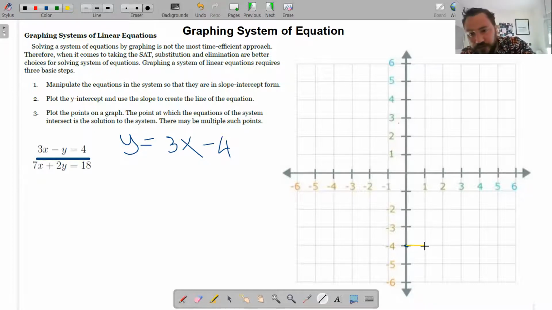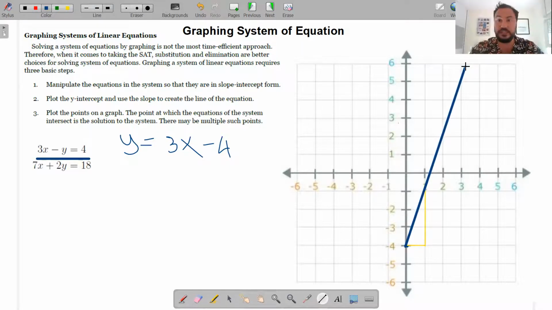And then since it's 3, I need to go 3 steps up. So now I have this point, I can draw my line like this, for this equation underlined in blue.